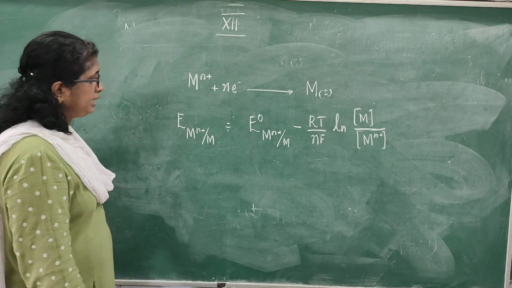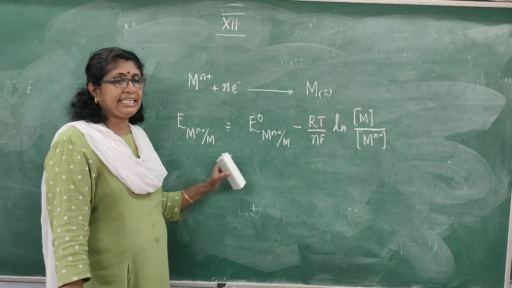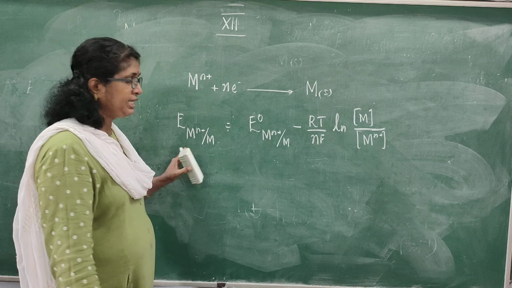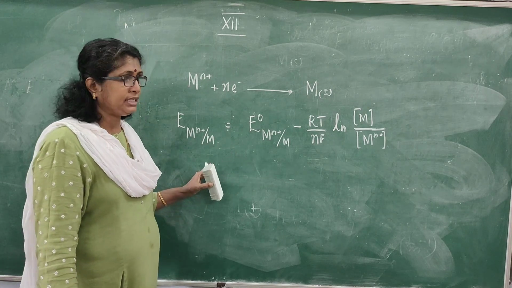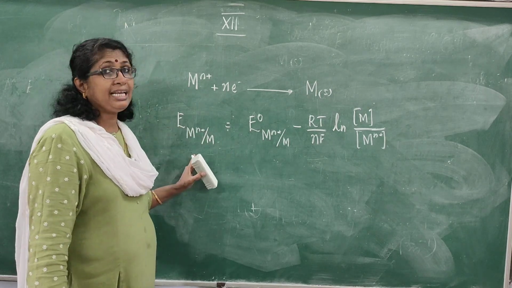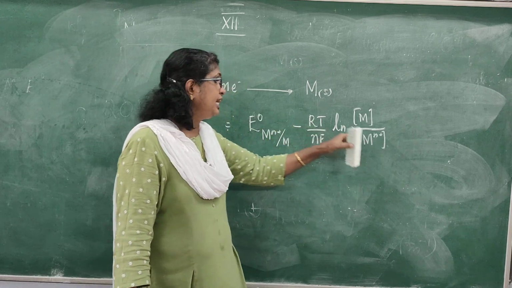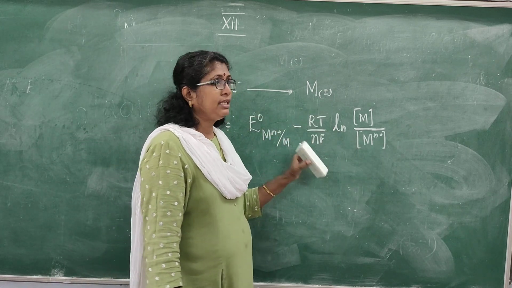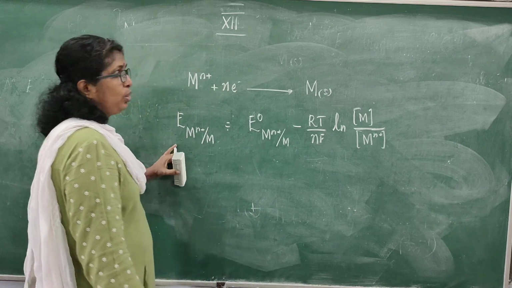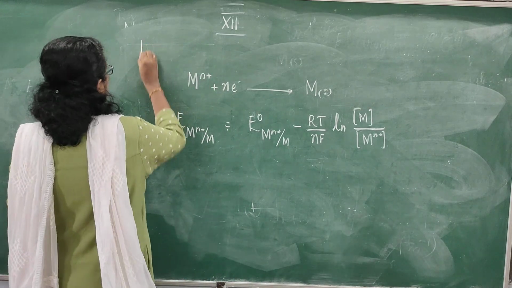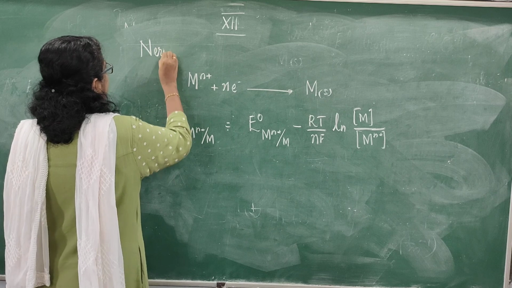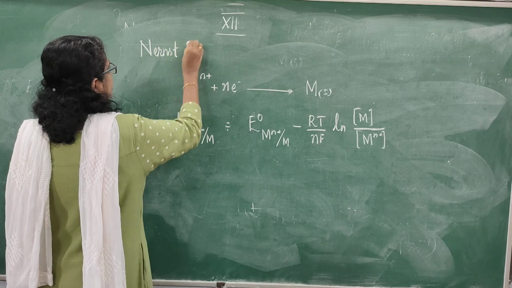This is the expression that gives the relationship between the standard electrode potential and the electrode potential at different conditions. When concentration and temperature change, the electrode potential also varies, and this expression is called the Nernst equation.